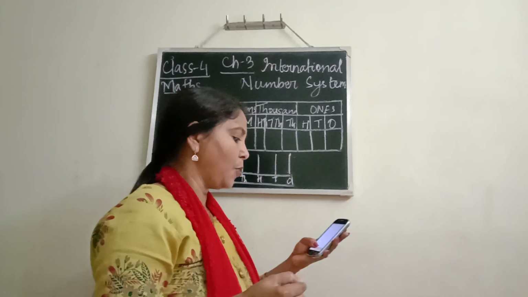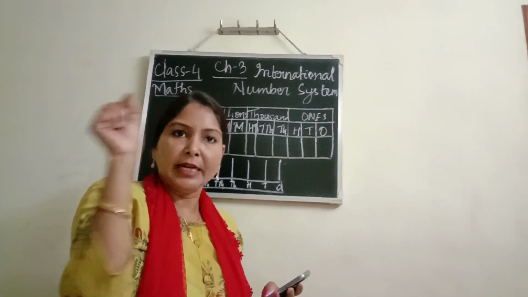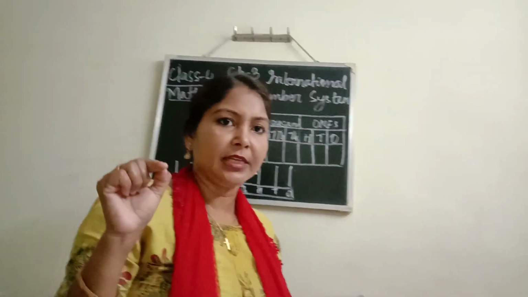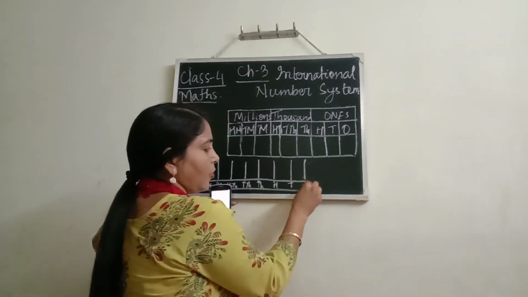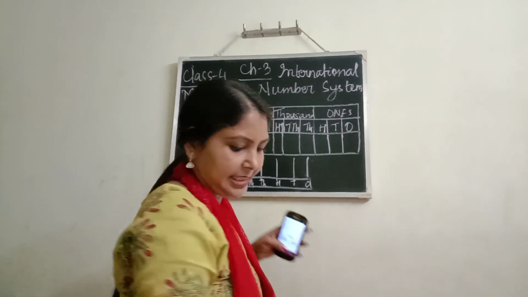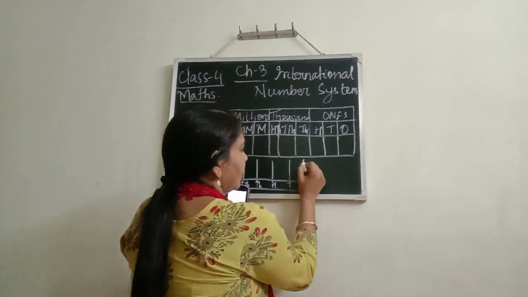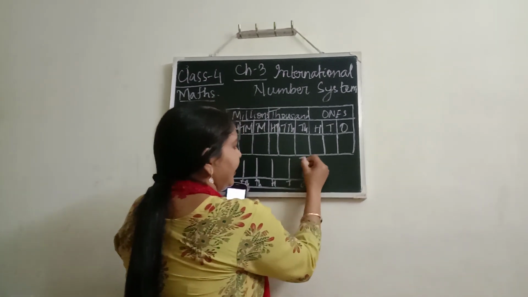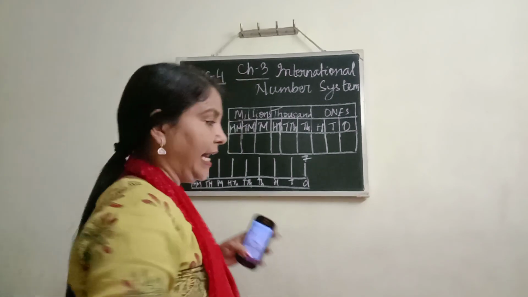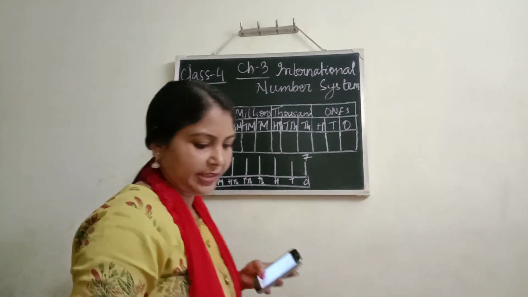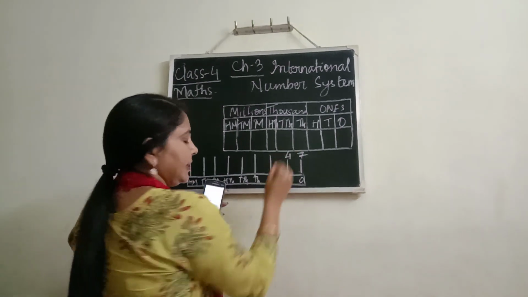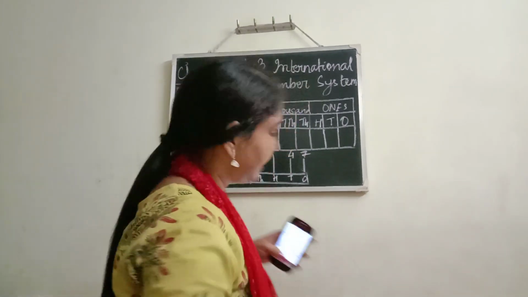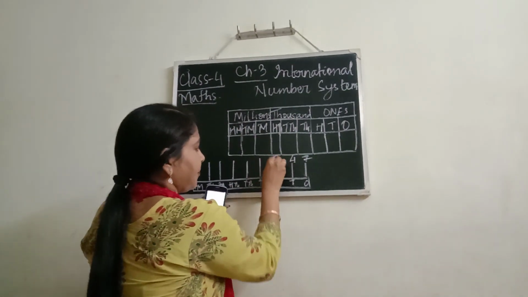So in the ones place, I am not drawing the rings, rather I will just write the number over here. In ones place 7 rings are there. Then in tens place, just count, there are 4. Then in hundreds place 8 rings are there.